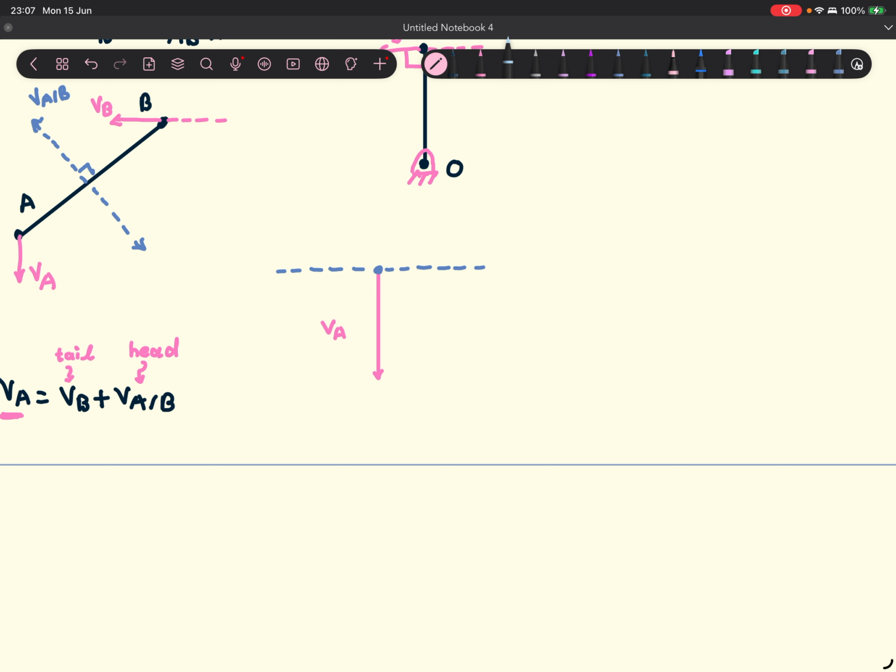So VA relative to B goes in this direction over here. So it could either go up or down, but it's in this direction.